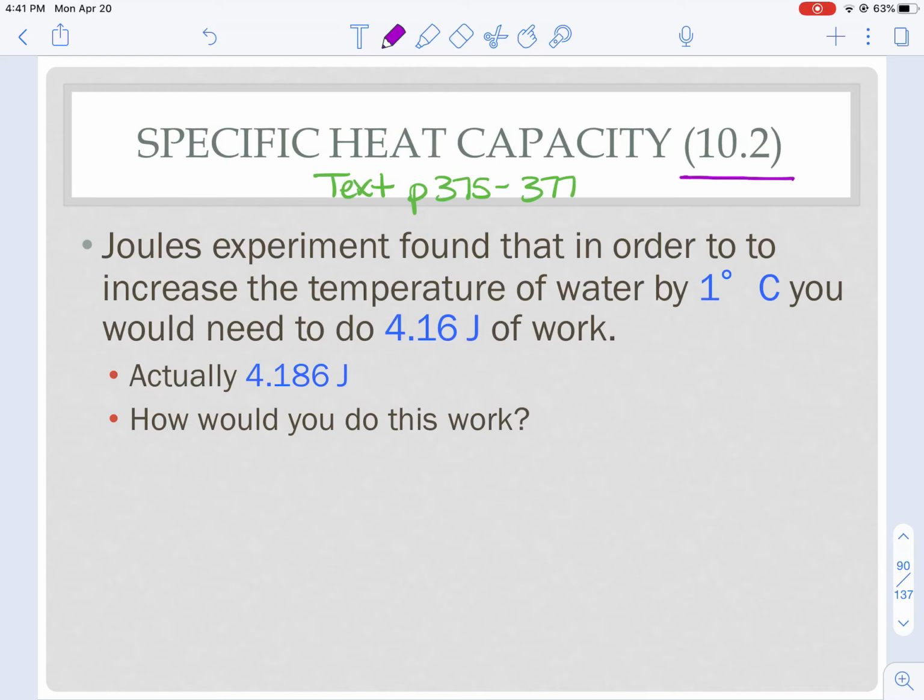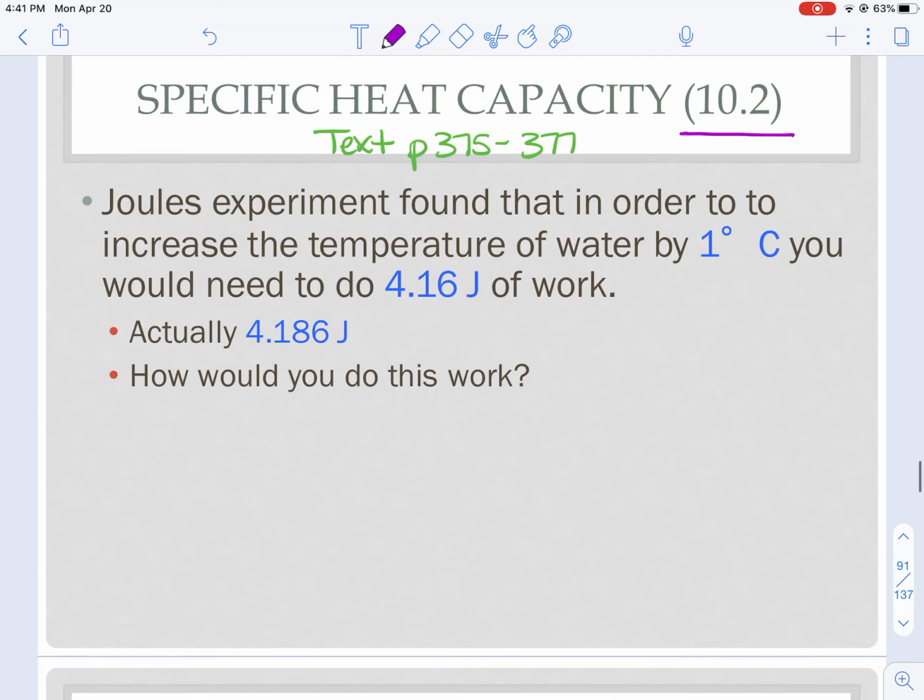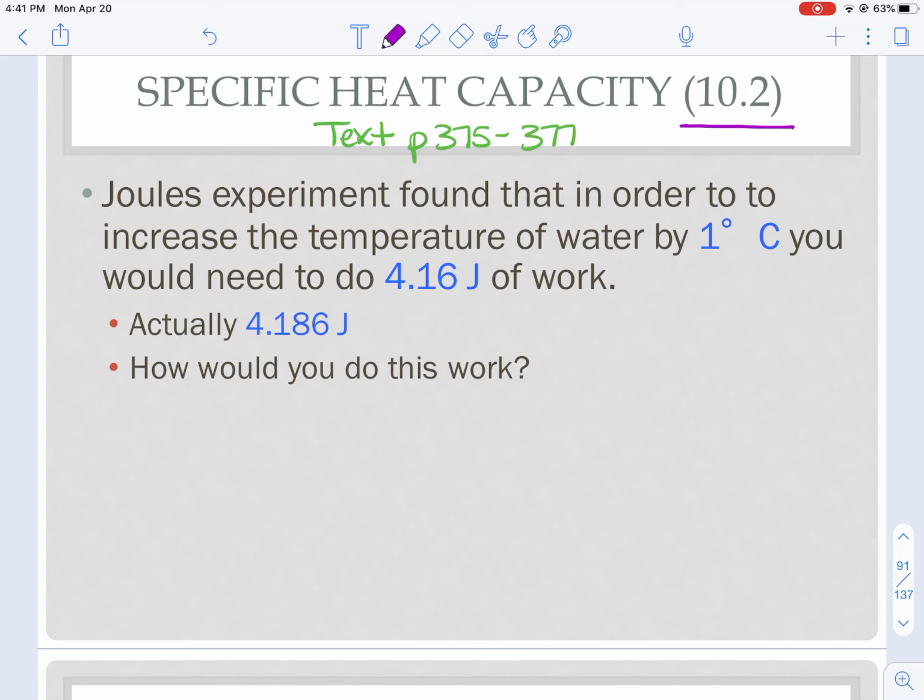And the second half is the bit that's in 10.2 in your textbook, page 375. And here we talk about specific heat capacity, and we talk about water as a reference a lot.